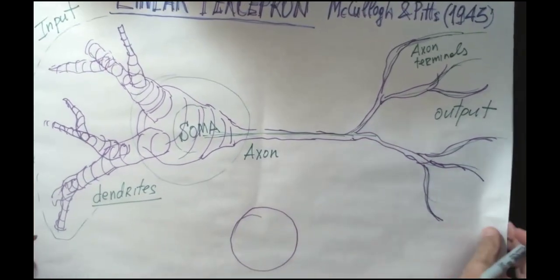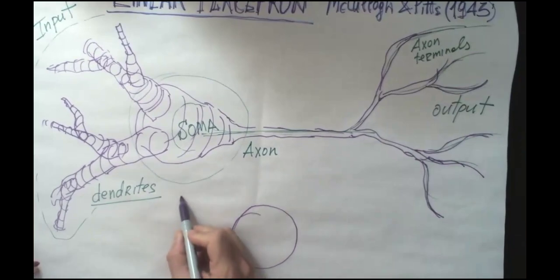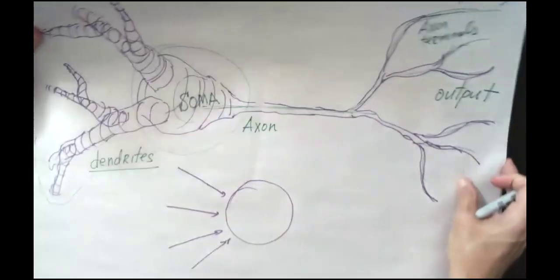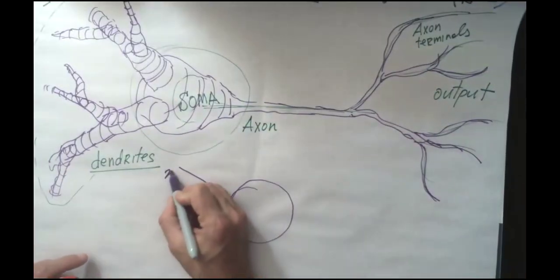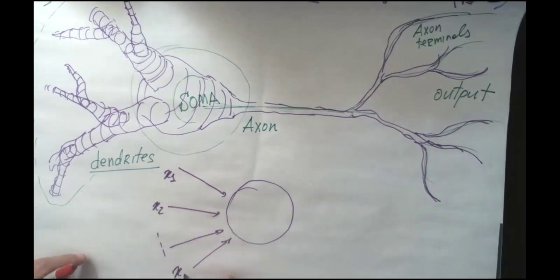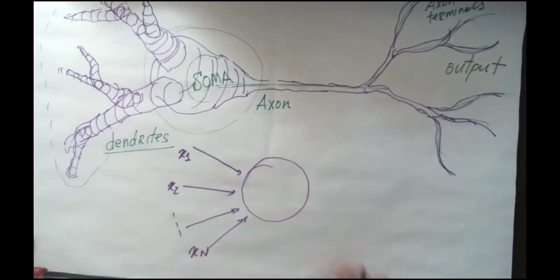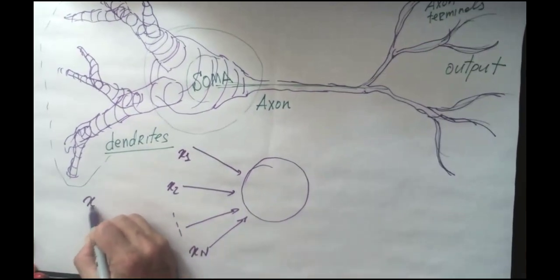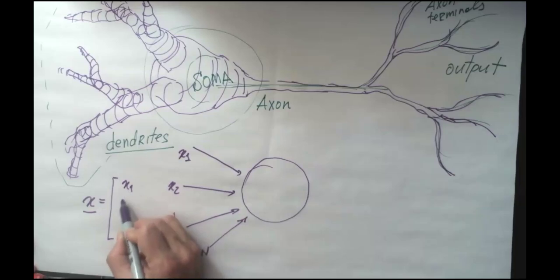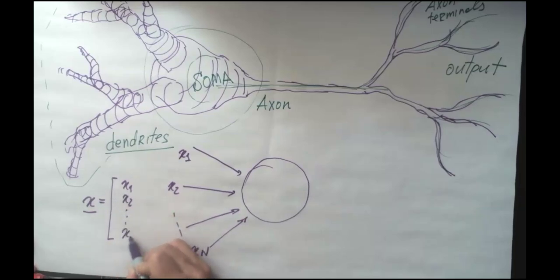Here we have a nucleus, and it receives inputs. Let's assume that these inputs are given with n parameters. So we can define an input as a vector given by the list x1, x2, up to xn.